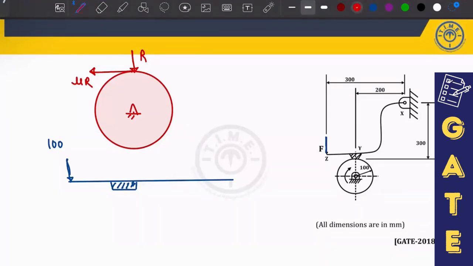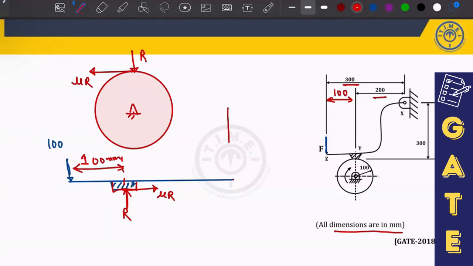Now see, if this friction force is on the left side, can I say this will be on the right side? So mu into R, here will be the normal reaction R. What is the distance? This is 200, this is 300, so this distance will be 100 mm, because they have mentioned all dimensions are in mm.